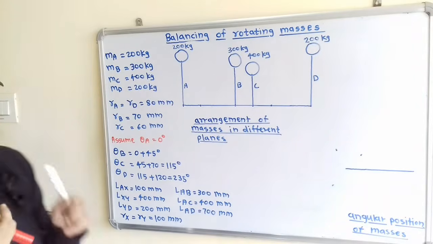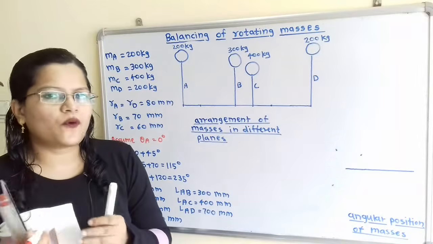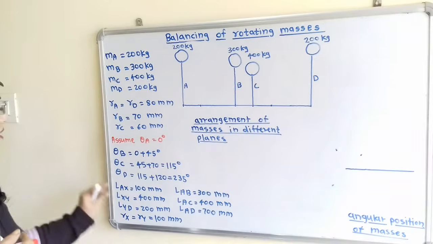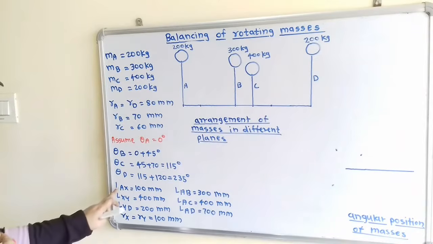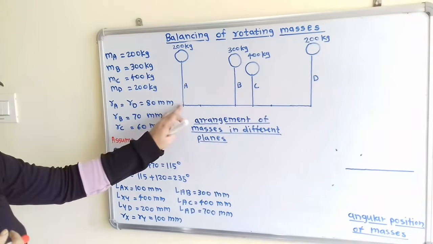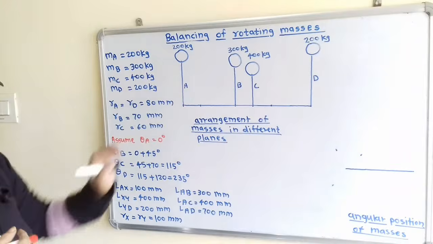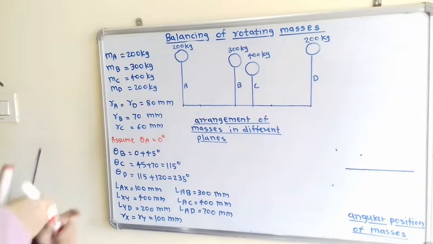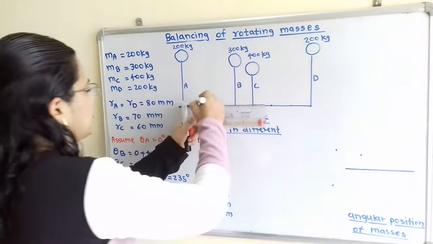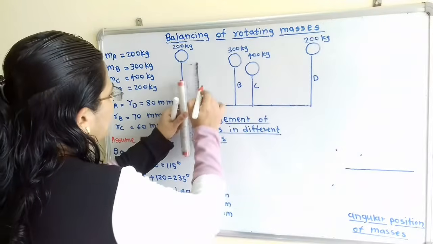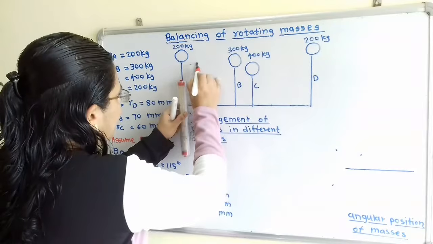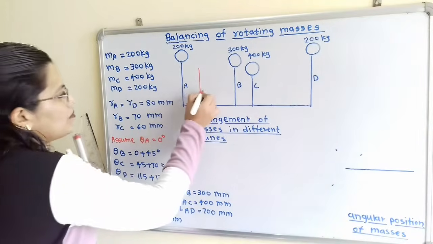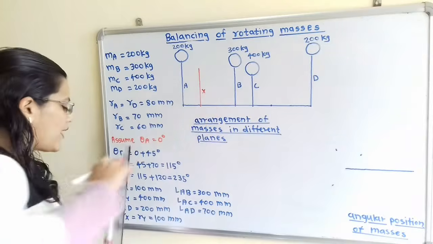Now two balancing masses are provided at planes X and Y. Here this information also mentioned, that is LAX, from A the distance of plane X is mentioned, that is 100 millimeters. So take approximately 3 centimeter distance and we will mark here one point, and here will be the plane X. This is unknown mass because mass is not provided.